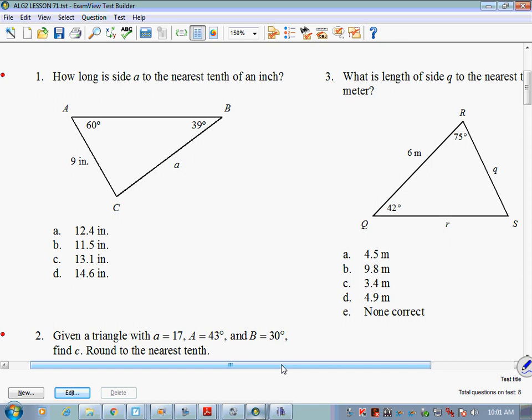Okay? So we're going to set up a proportion. Now, my sine angles will always go on top. So I can do sine what? Sine 60 over what? Remember, what is this? This is sine of angle A, so it should be sine of angle A over side what?